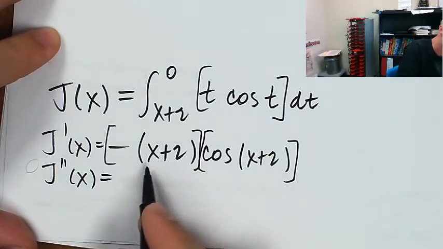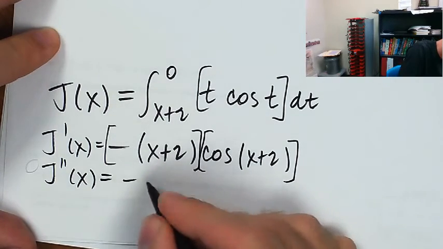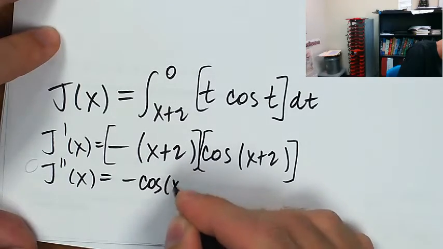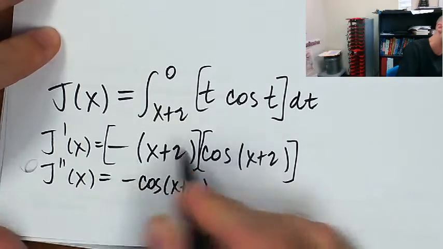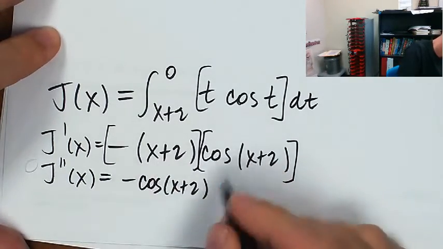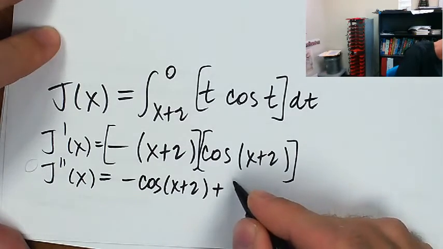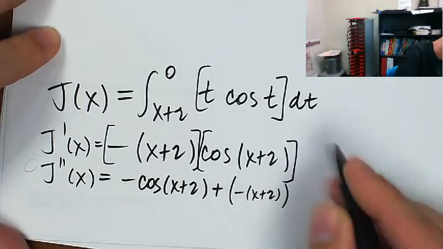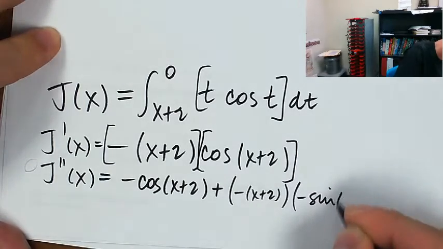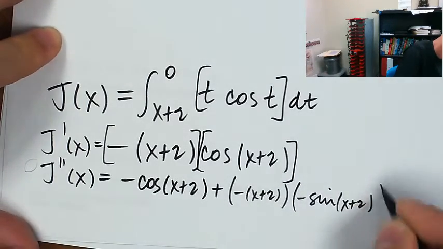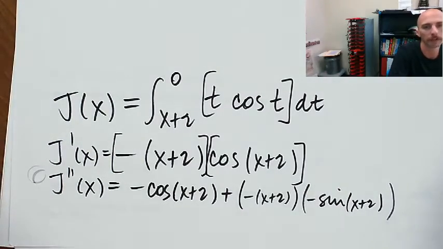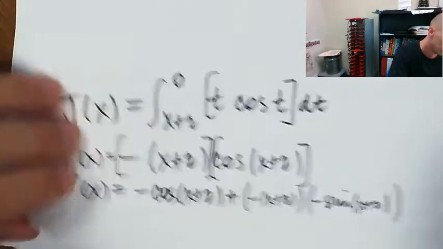So I'll take the derivative of this first, and that's going to be -1 times, leave that the same, plus, then I'm going to leave that the same, and take the derivative of this, which is going to be negative sine, leave the inside the same, multiply by the derivative of the inside for the chain rule, which is just 1. So you could call that plus x plus 2 sine of x plus 2 if you wanted. All right, and that's the second derivative. I'm good.